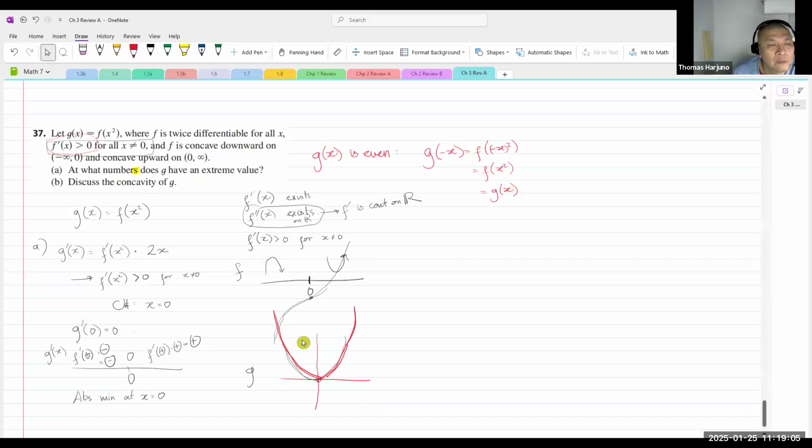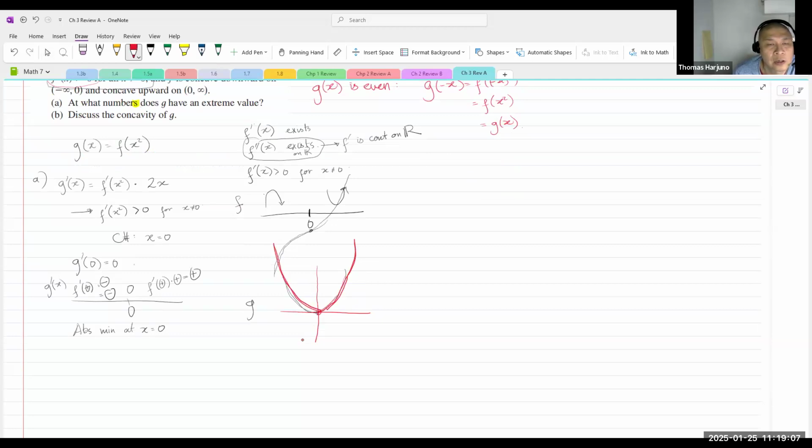Now discuss the concavity of g, as what I have said earlier. Since f of x is concave up on 0 to infinity, then f of x squared, of course, is concave up on 0 to infinity also, right?